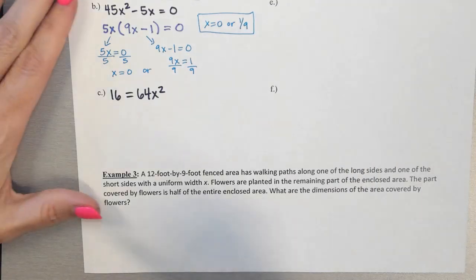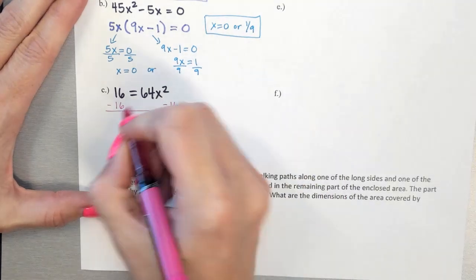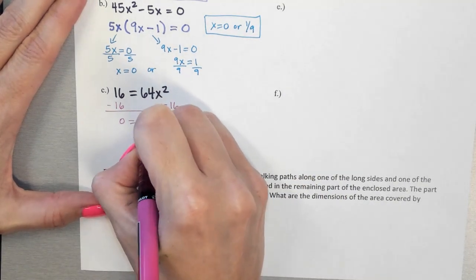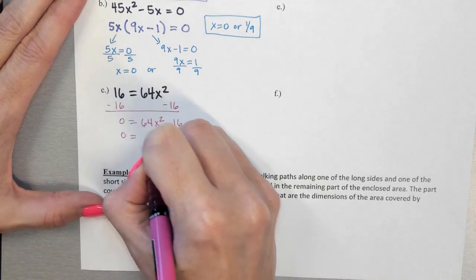Okay, if you haven't already, make sure you move everything to one side. It doesn't matter what side you move it to. I just like to keep that x squared positive so that it's easier for me to factor.